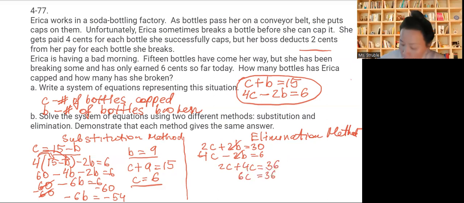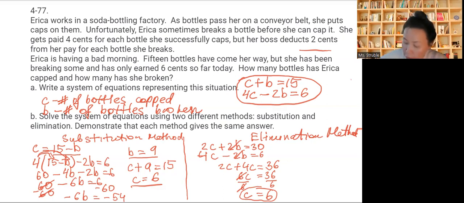To get C, we divide both sides by 6, and C equals 96 divided by 6. So again, as you can see, so far we have the same answer that we got from the substitution method. So C is 6.